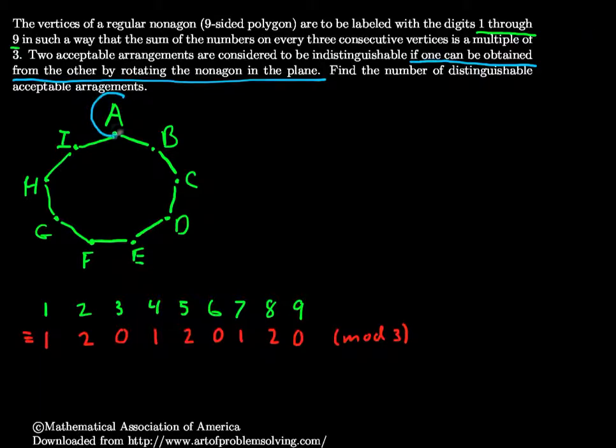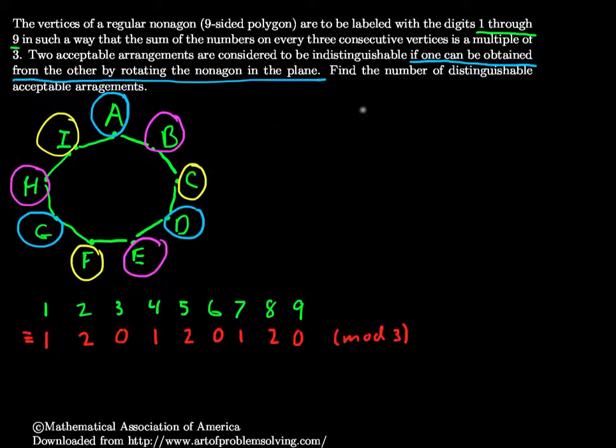I'm going to need A, D, and G to represent the same number mod 3. I'm going to need, and I'll explain very shortly why, B, E, and H to represent the same number mod 3. And I need C, F, and I to do the same. And the reason is this.